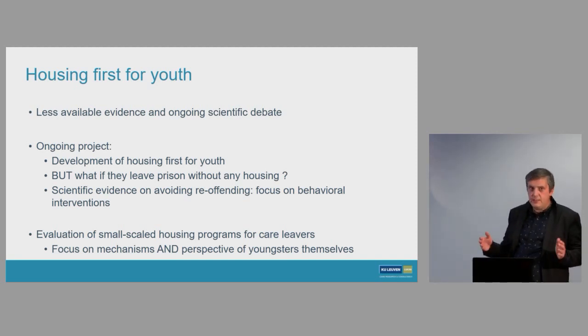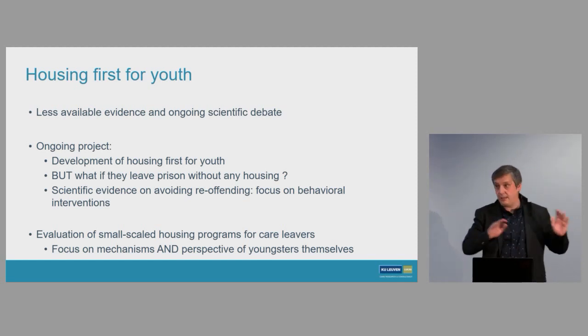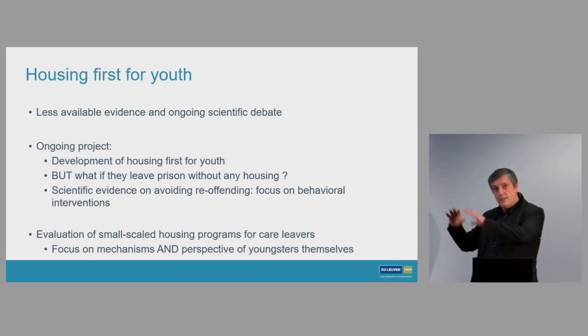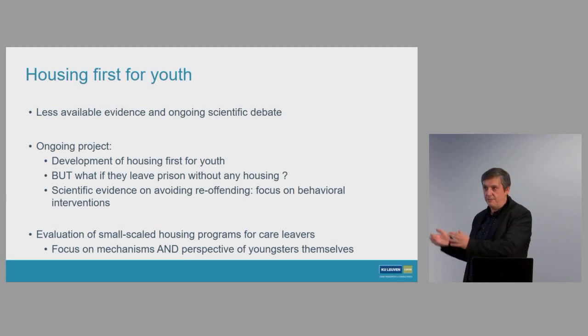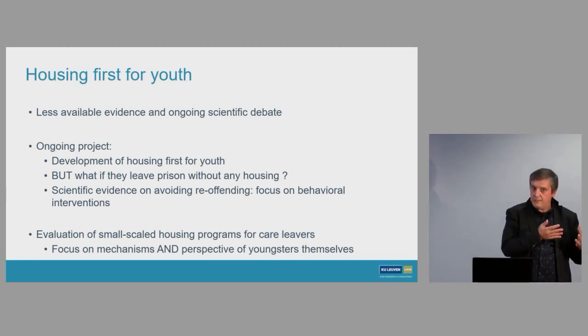And it's very interesting to see that these are two completely different fields. On the one hand, you have studies on housing first. They don't say anything about reoffending. And then you have a lot of studies on interventions to avoid reoffending. And they don't say anything about housing. The housing first model for youth, we have some evidence, states that it's all about choice.